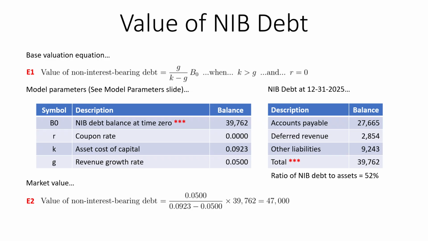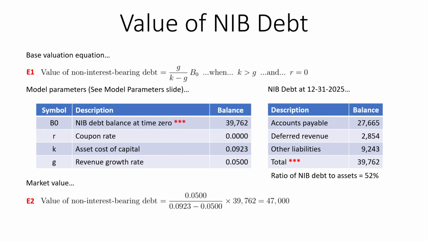Therefore, the cost of capital is higher. You can make the case that rather than using the asset cost of capital of 923, we may want to use a rate somewhere between the asset cost of capital and the debt cost of capital of 578, because as the debt holder, NIB debt is riskier than holding IB debt.